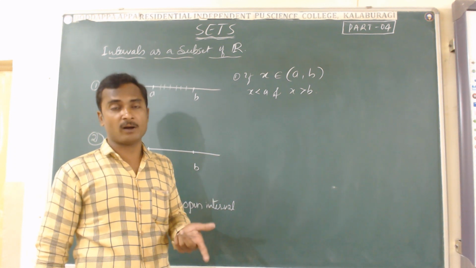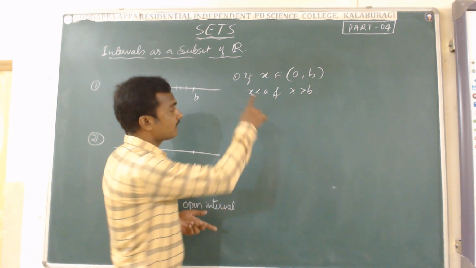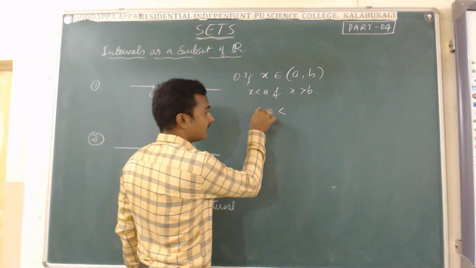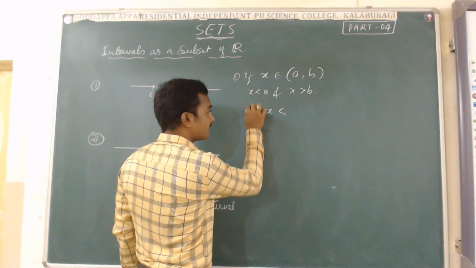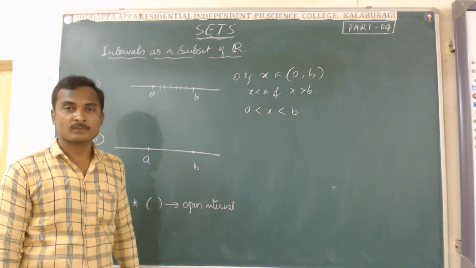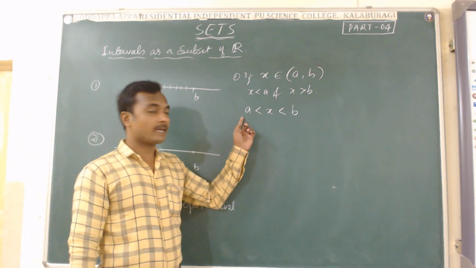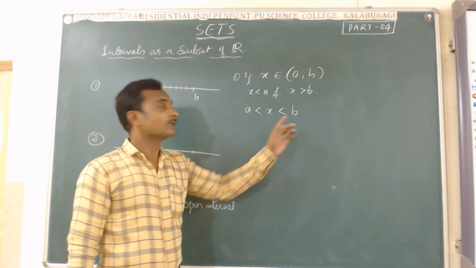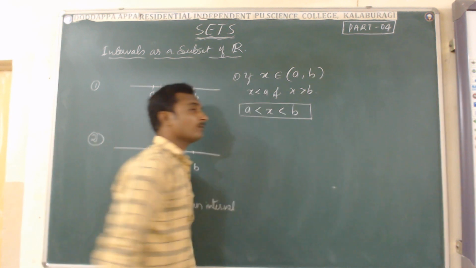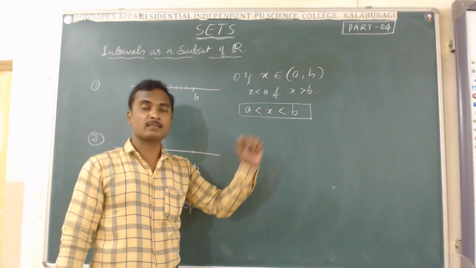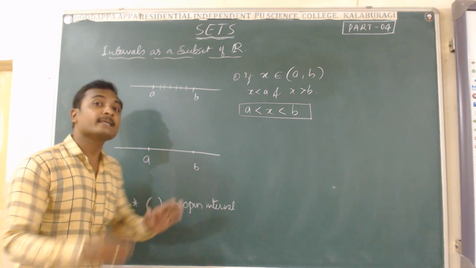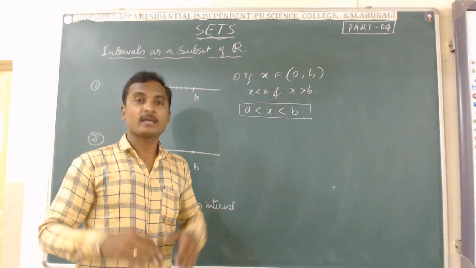In inequality form, I can say a is less than x, x is less than b. This interval involves strict inequalities, and the open interval indicates excluding the end numbers.